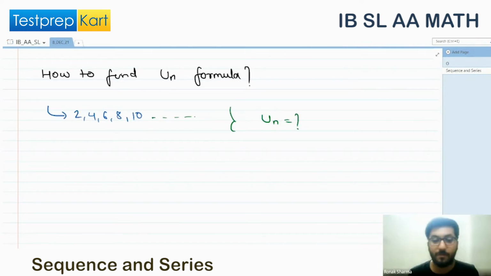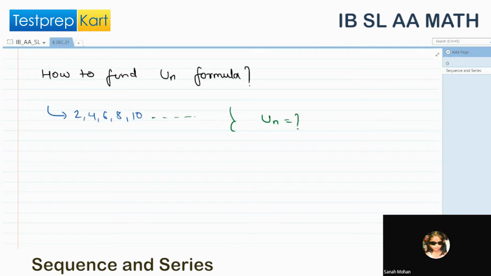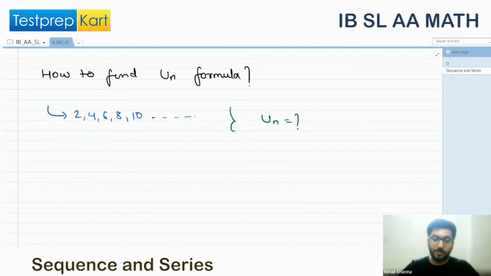Can you tell me what is the role of UN till now? What is UN actually doing, how does it help us? It helps us find the terms. By putting the value of n, we can get that particular term.